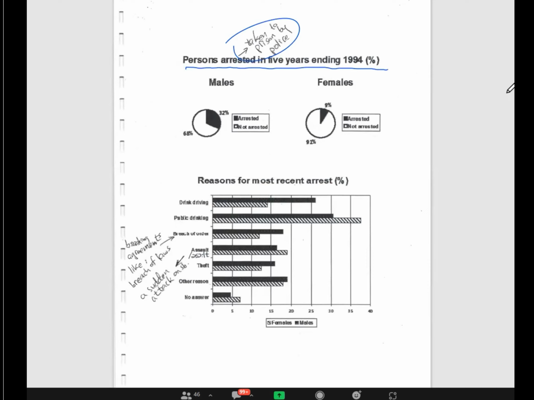Why does the police arrest people? When they commit a crime. They are being guilty. When they disobey the law. Very good, Muhammad. When they are being drunk, for example, or different reasons for the arrest.